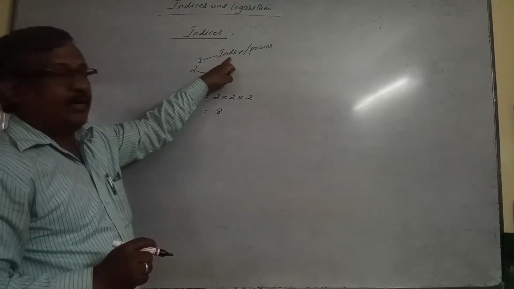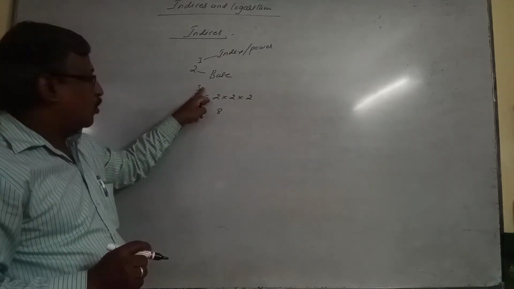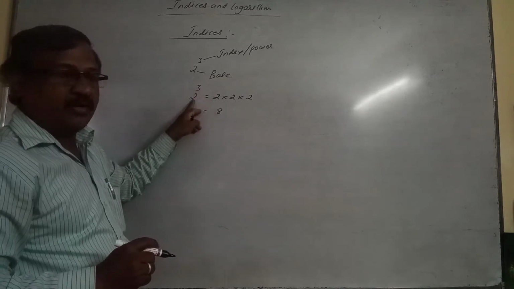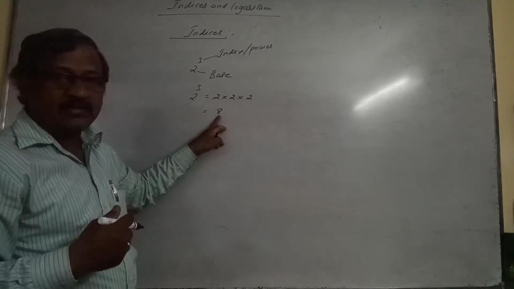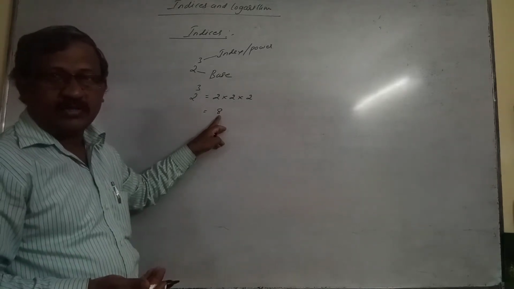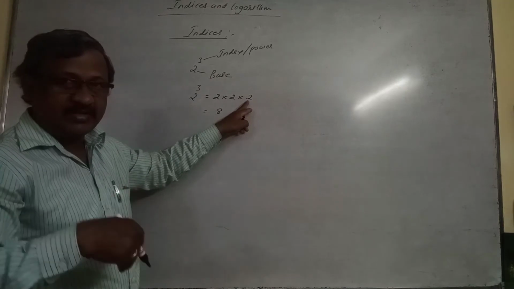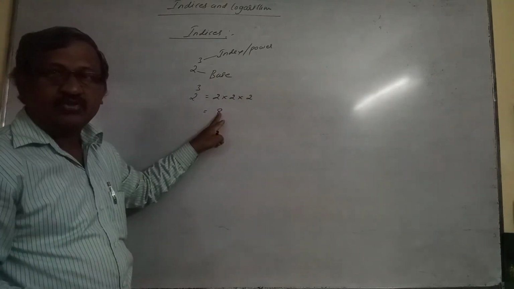So here indices means what? As I told, indices means it is index, right? The index of any given number is the number of times the given number is multiplied by itself, gives as the product, is known as indices, right? So after multiplying the given number to itself 3 times, whatever result is obtained, that is called as what?